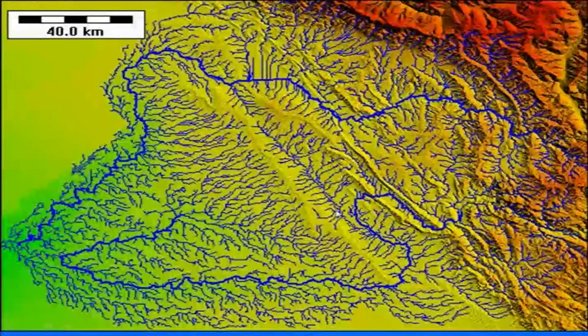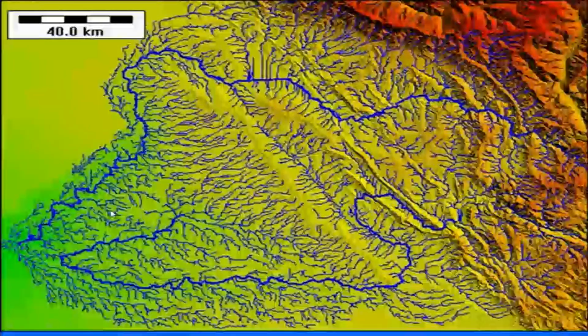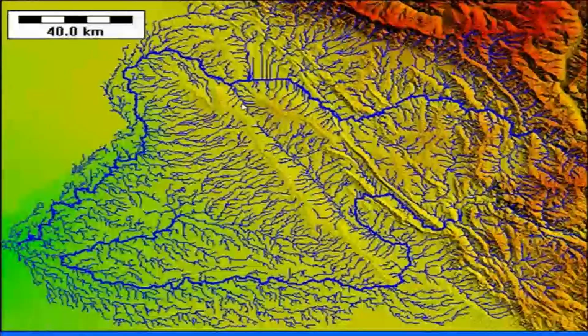So, this is the tributary which joins the Sutlej river, and these are the tributaries which are joining the Sutlej river. Similarly, this is one tributary which joins the Bias river. So, Bias river originates in the higher Himalayas, as well as Sutlej originates in the higher Himalayas, flow across the mountain belts and debouch into the Indo-Gangetic plain.